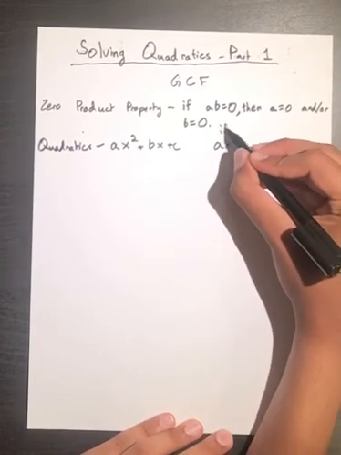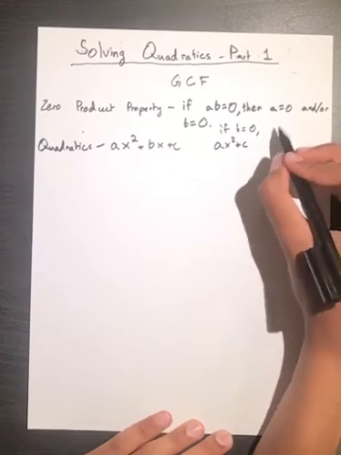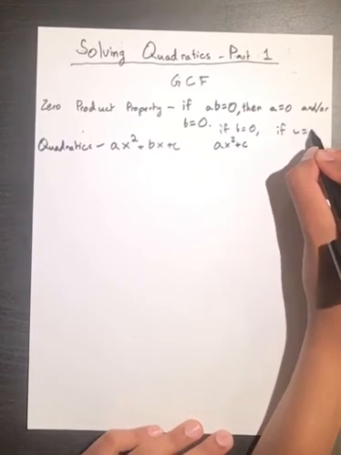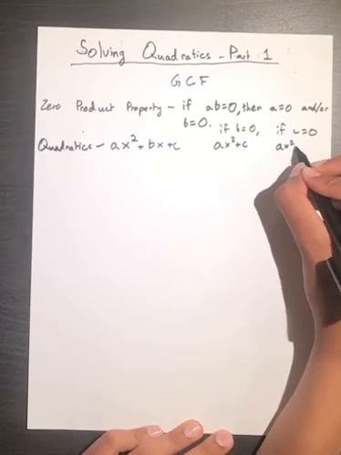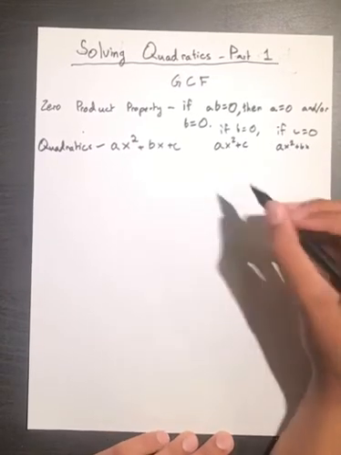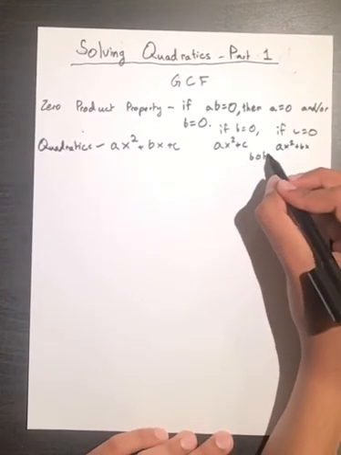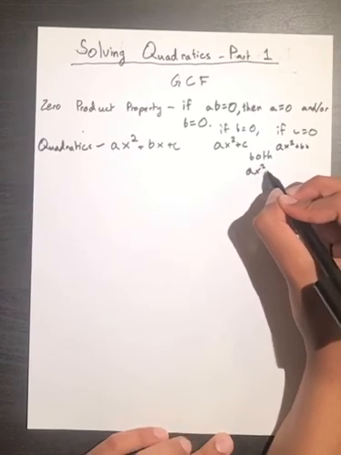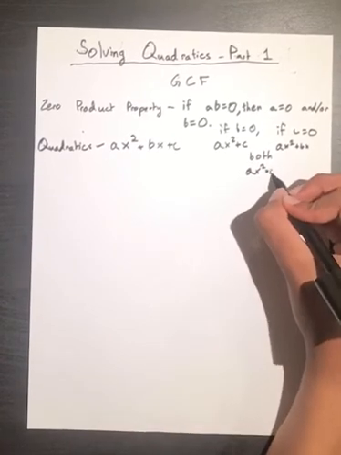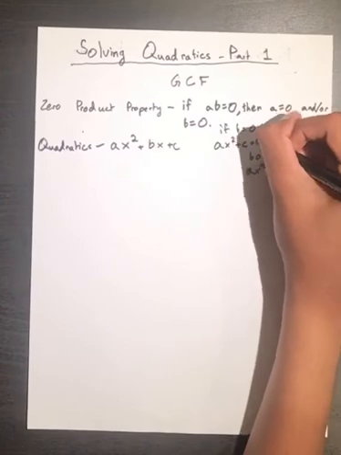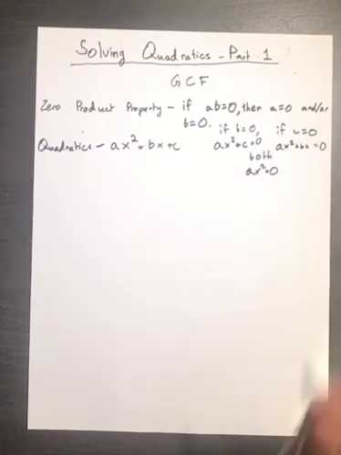If c equals 0, you're left with ax squared plus bx. Or they can both equal 0, in which case you're left with ax squared equals 0. You want to set the equation equal to 0 whenever you do this. So that's just what a quadratic is, real simple.